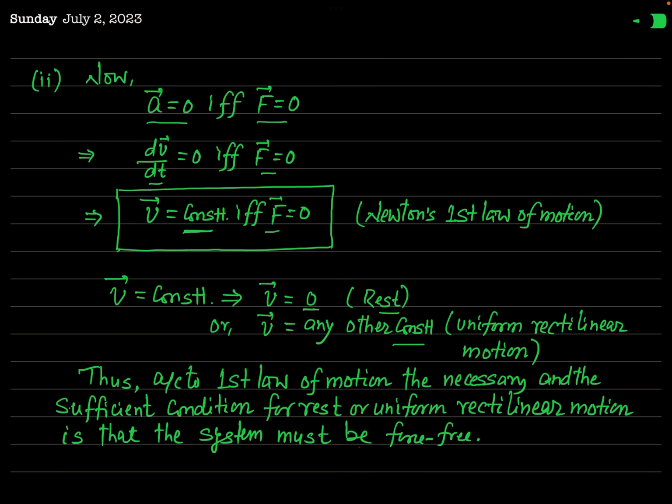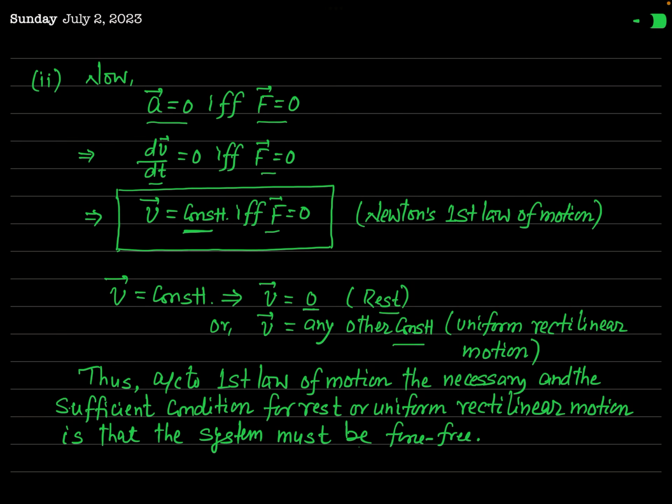You have definitely studied uniform circular motion, during which the particle moves with a constant speed along a circle. But velocity in that case is not constant. Here velocity is constant, which means both magnitude and direction should be constant. And magnitude may be constant when the particle moves on any path, but direction will remain constant only when the motion is along a straight line in a particular direction.